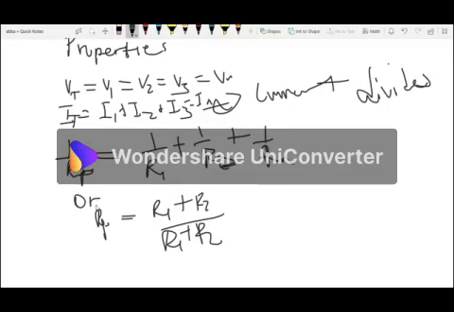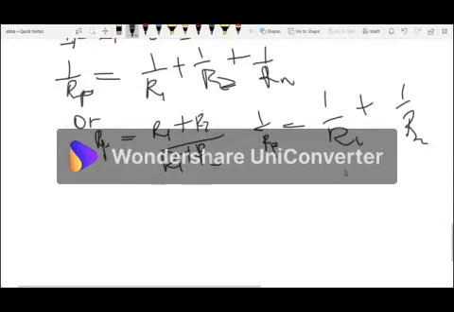How did this formula come to play? It came to play in this sense. 1 over Rp is equal to 1 over R1 plus 1 over R2, right? Now, what is the lowest common denominator of this? The lowest common denominator is going to be R1 R2.